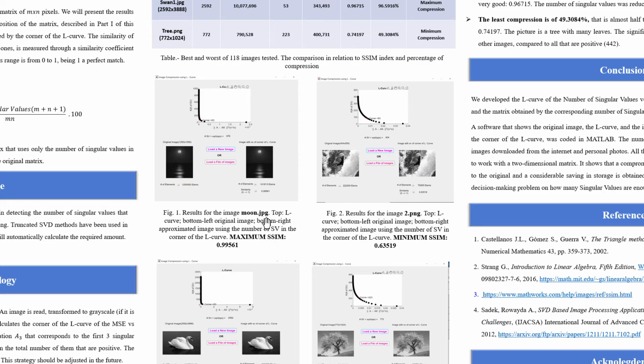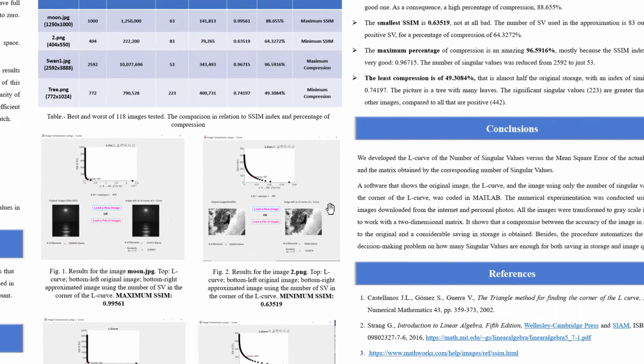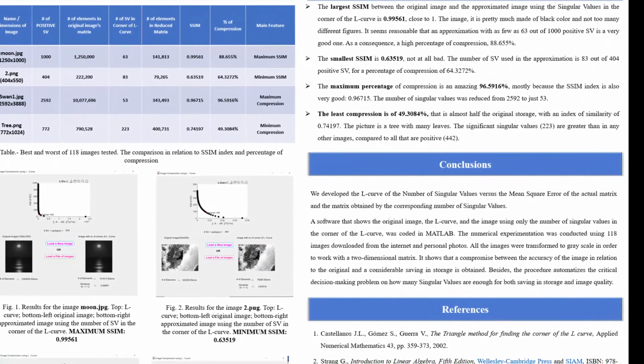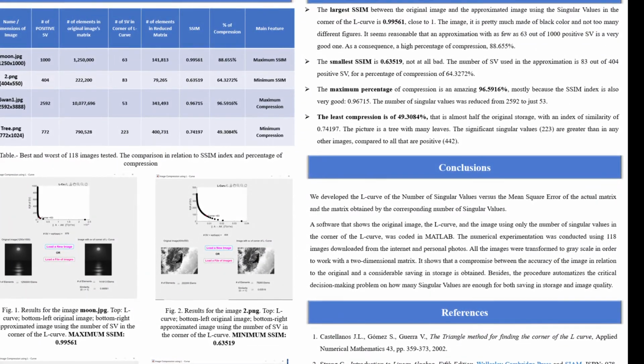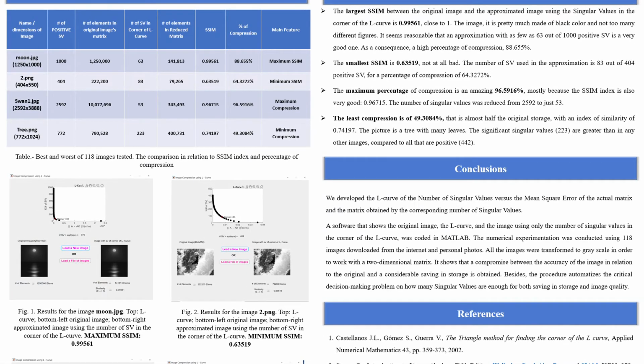And here, in the moon image that's saved in the format of a JPEG file, it has a structural similarity index of 0.99561, while at the same time having a percent compression of 88.655%, which is pretty impressive, which shows that the usage of singular value decomposition and the corner of the L curve were effective in compressing images while at the same time preserving quality.